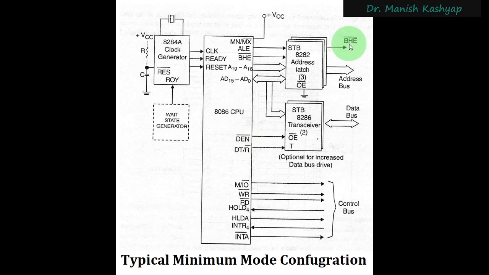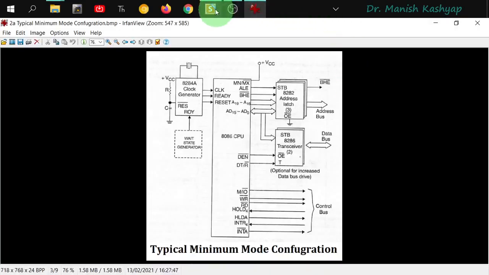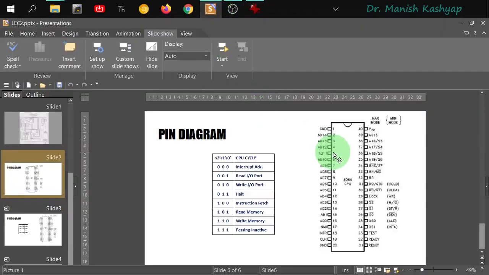In combination with BHE bar and A0, in the beginning of this lecture I gave you a revision of the tables for the status signals. BHE bar and A0 will completely decide which memory bank has to be selected and whether we are trying to write an even word or an odd word. So let me show you that slide again so that things become more clear.